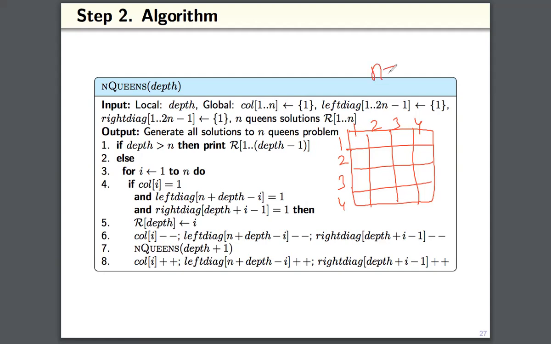So here n is equal to 4. Depth minus I, 1 minus 1, 0. 0 plus 4 is 4, right? And then 2 minus 1, 1. 1 plus 4 is 5. Let's do one more example. 2 minus 2, 0 plus 4, 4.